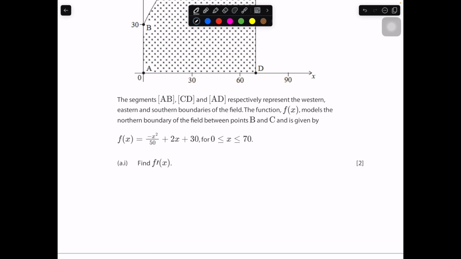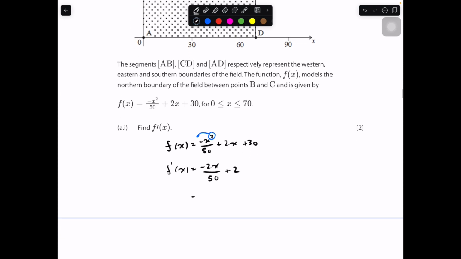So I'm going to rewrite f of x. It's negative x squared over 50 plus 2x plus 30. F prime of x. Let's grab the exponent, multiply out in front. That means this is going to be negative 2x decreased by 1. There's just a 1 there now. Over 50. This is just going to be 2, and then this constant would fall away.